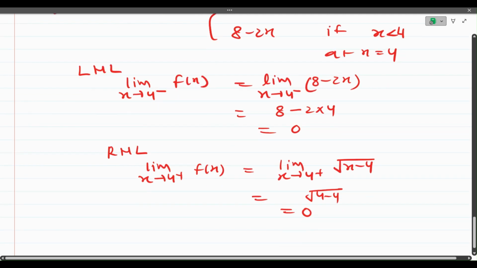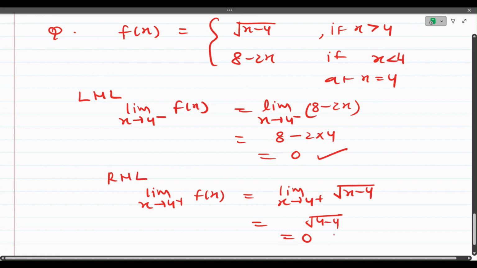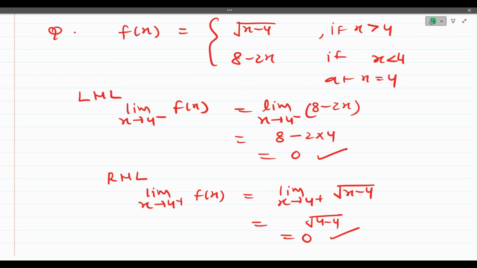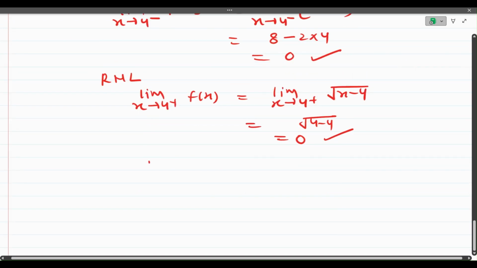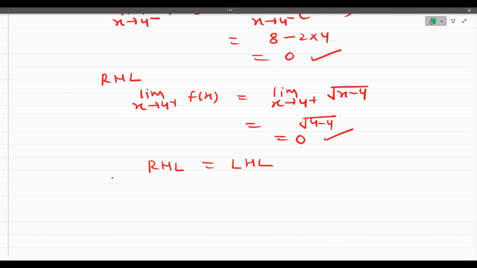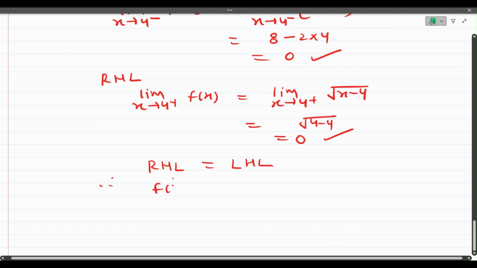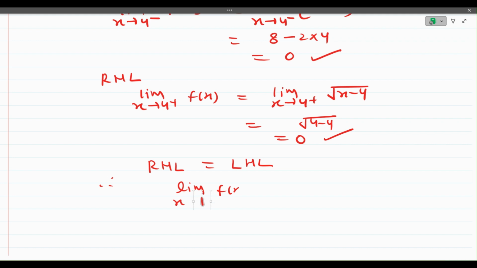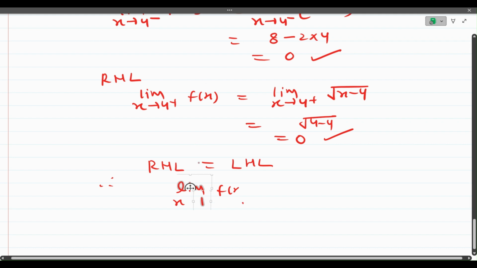And here we can see that the left hand limit and the right hand limit are equal, they both are equal to 0. So we can say that the right hand limit is equal to the left hand limit, and therefore the limit as x tends to 4 of f of x exists.